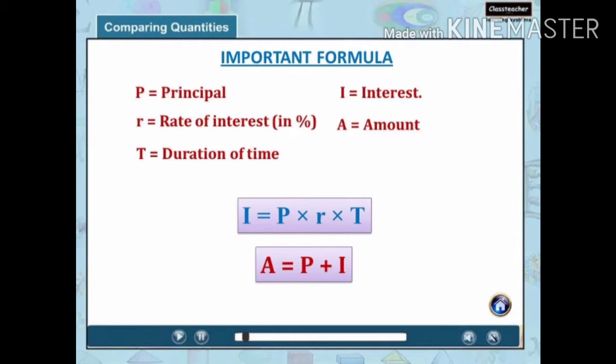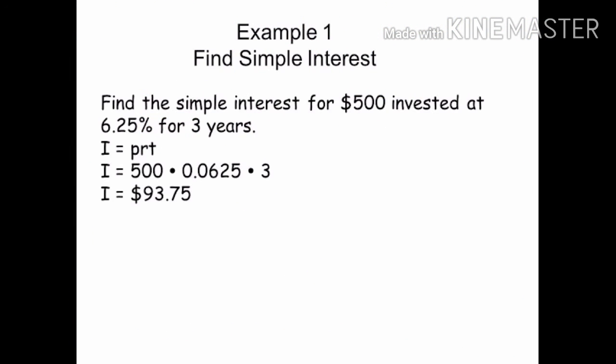Then the amount A equals P plus I, which is the principal plus the interest, the total you will get.